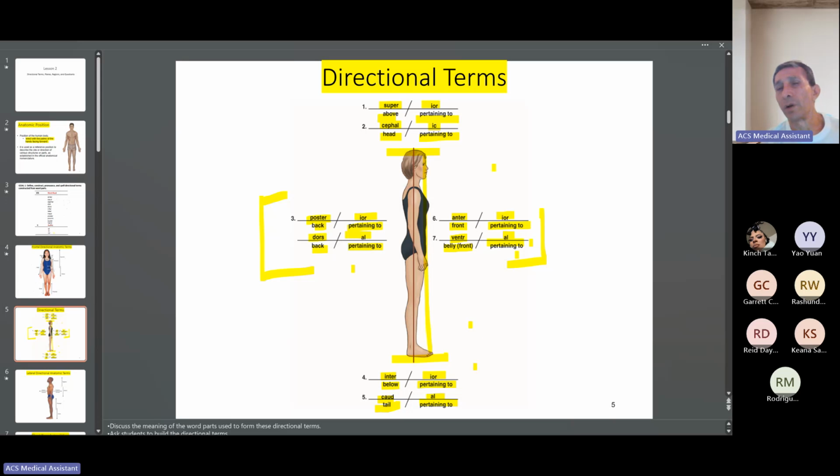So they give you the word anterior. Remember, you start from the suffix: pertaining to the front. If you have dorsal, what does dorsal mean? You look for the answer that starts with the suffix, pertaining to the back. So that's how you are going to manage this.